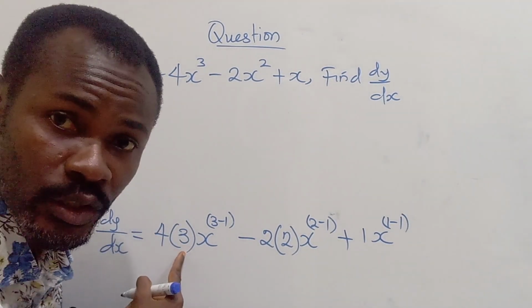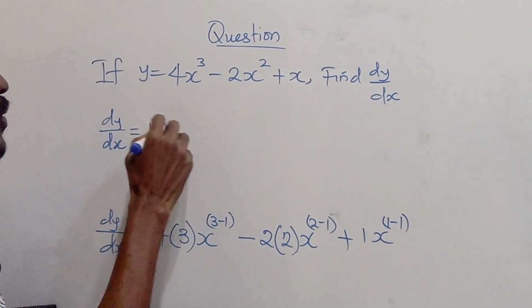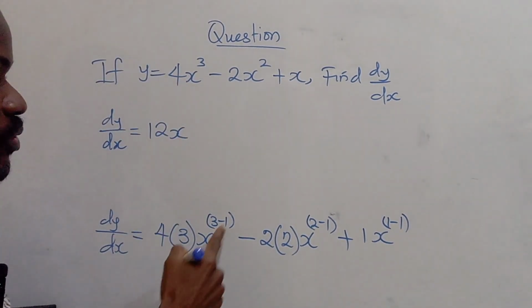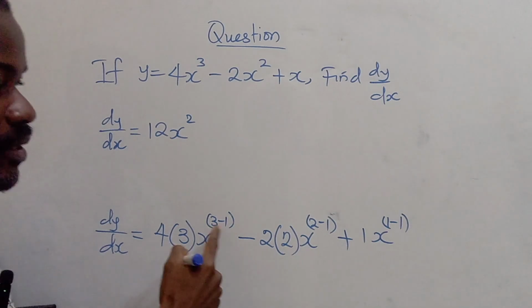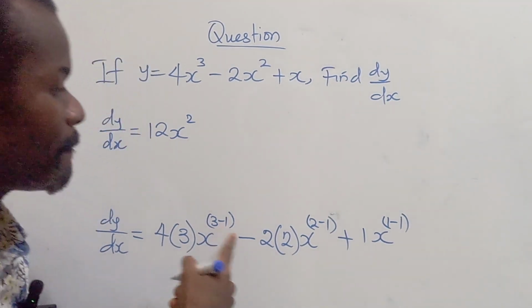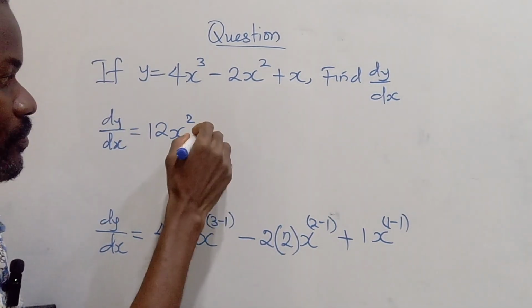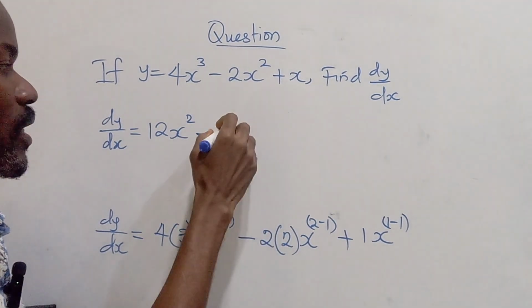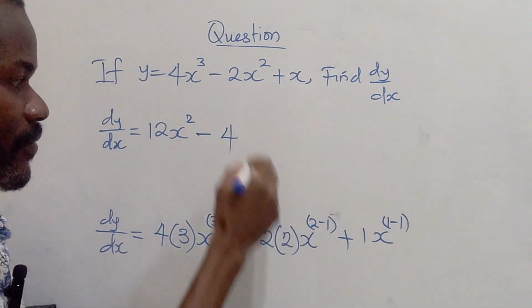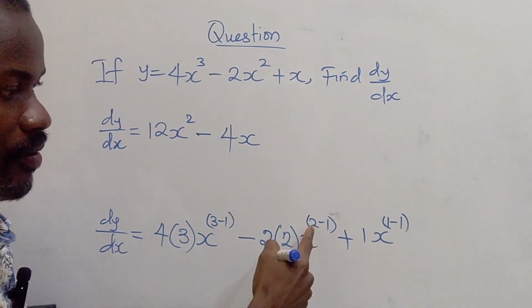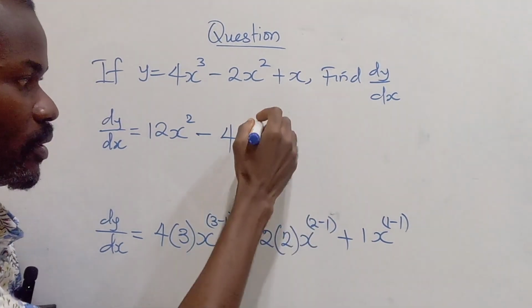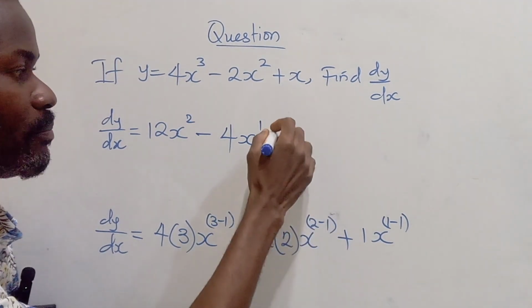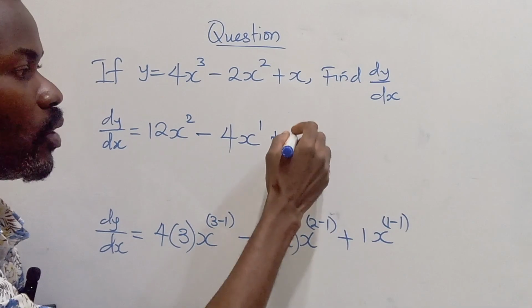Remember 4 times 3 is 12, so I have 12 multiplied by x raised to the power of 2, because 3 minus 1 is 2, minus, okay, now 2 times 2 here is 4, so I have x raised to the power of 2 minus 1 is 1, so we have plus, okay, so 1.